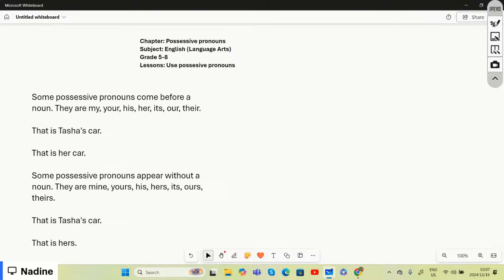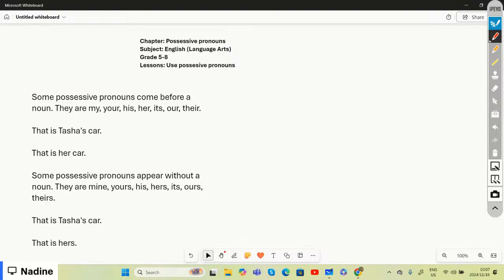So our possessive pronoun indicates who or what owns something or who or what has something.